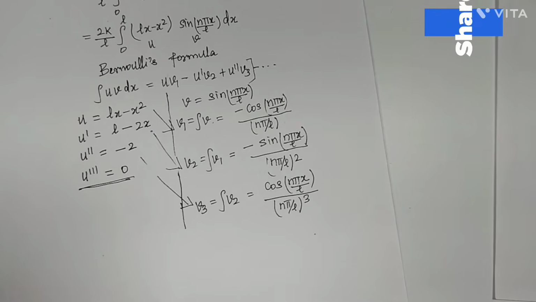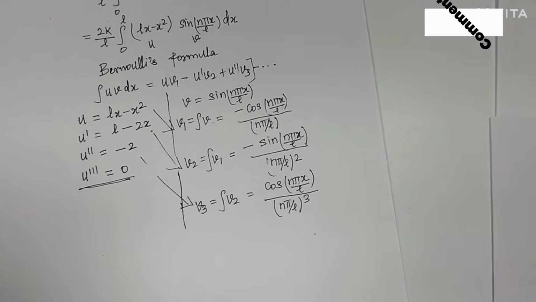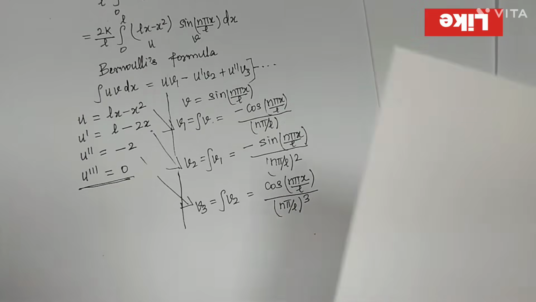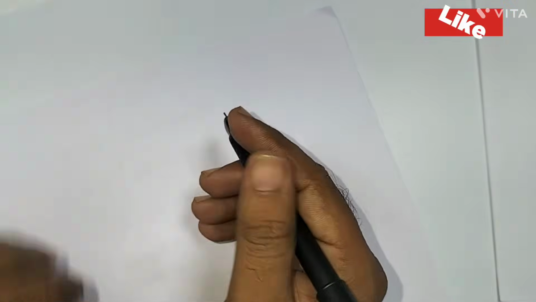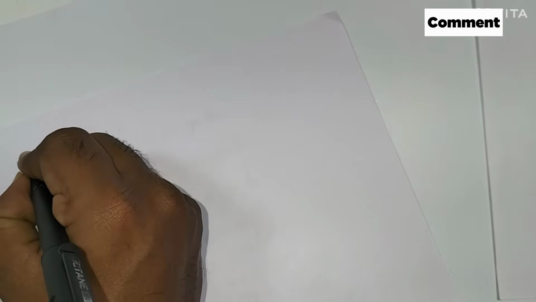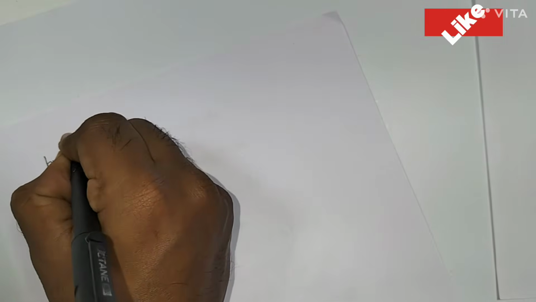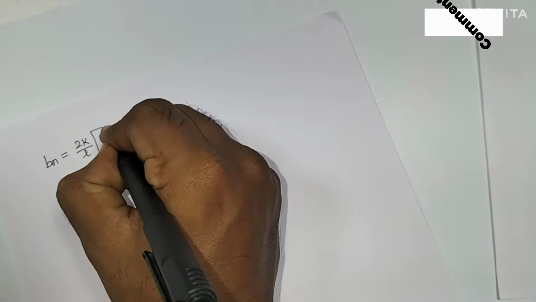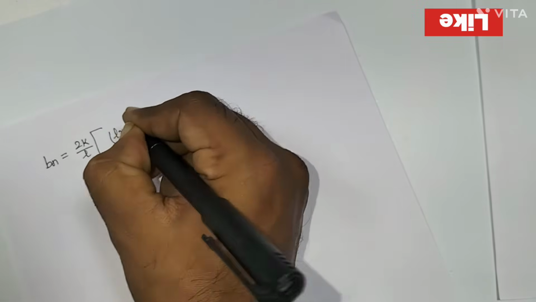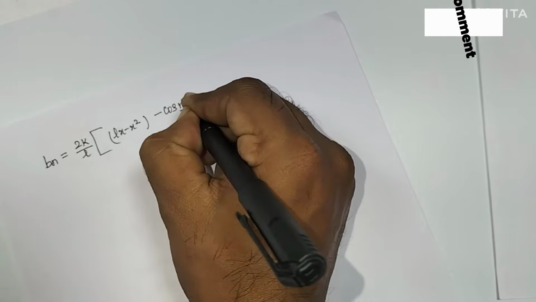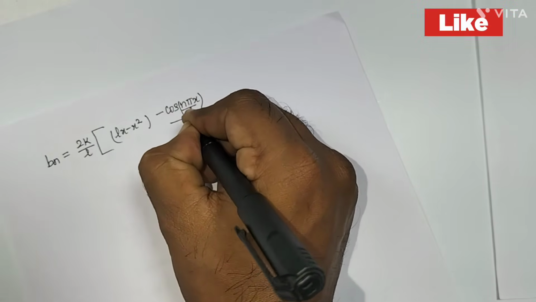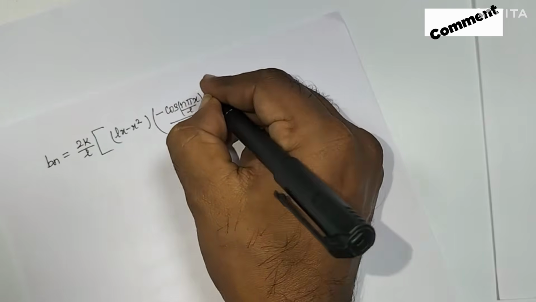After that we have to substitute the upper limit and lower limit. So I'm writing bn equal to 2k by L, by Bernoulli's formula uv1. U is Lx minus x square. V1 is minus cos n pi x by L divided by n pi by L, and minus u dash.